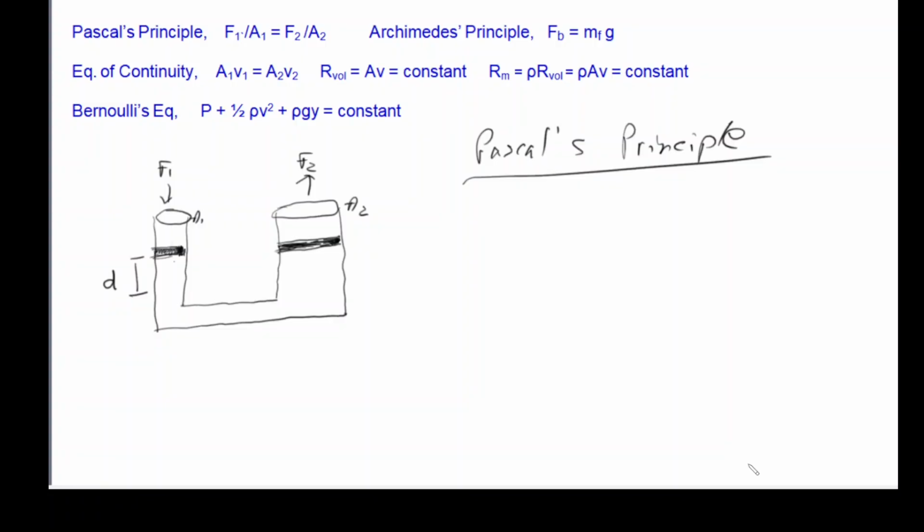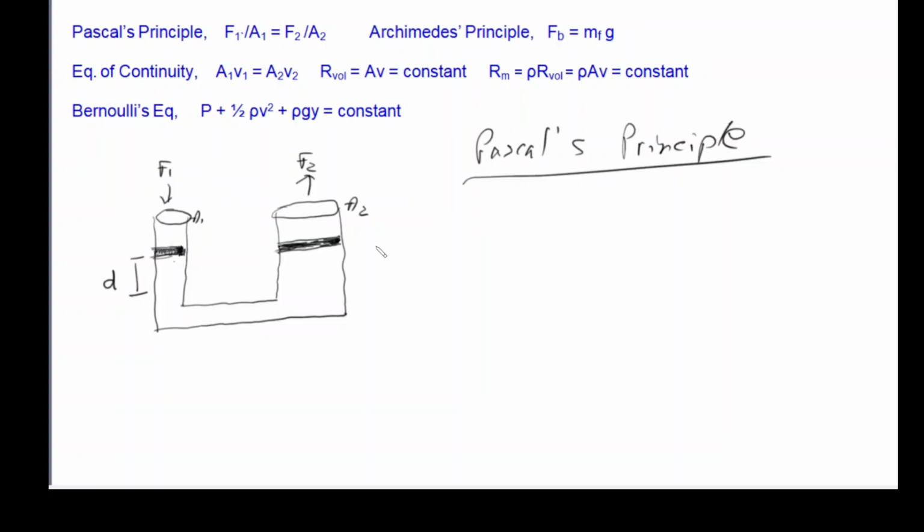So this principle is used to operate hydraulic machinery via the hydraulic lever. And the hydraulic lever is depicted here on the left. With a hydraulic lever, a force applied over a distance can be transformed into a greater force over a smaller distance, and vice versa.